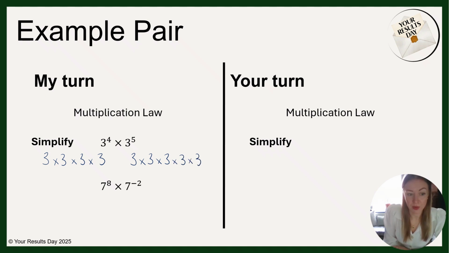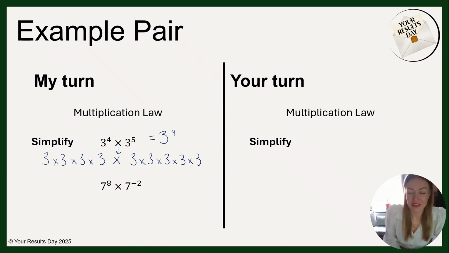So in this first part, 3 to the power of 4 is 4 3's multiplied together. And the second part, 3 to the power of 5, is 5 3's multiplied together. And just a reminder that we are multiplying both of these things together, which is all of these 3's being multiplied together, which is 3 to the power of 9, which we could also get by counting how many 3's are being multiplied all together.